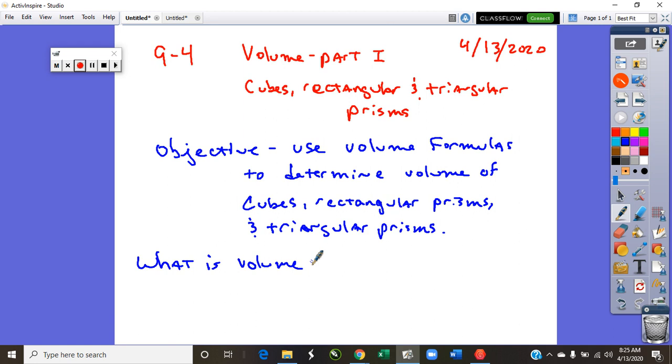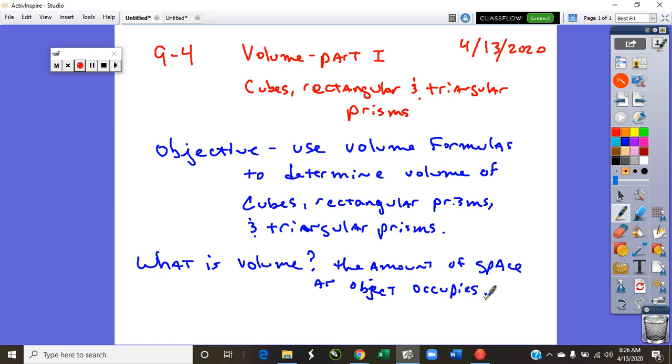If you consider how much popcorn could fit in that thing, that's kind of like volume. Or if you had a clear rectangular prism, how much water could fit in there? So basically, volume is the amount of space an object occupies.